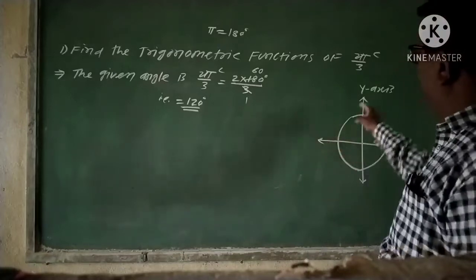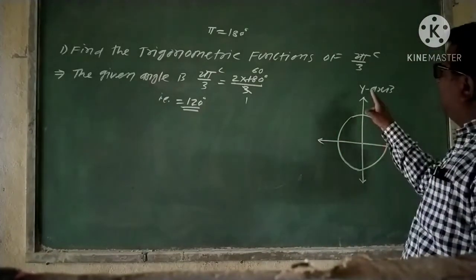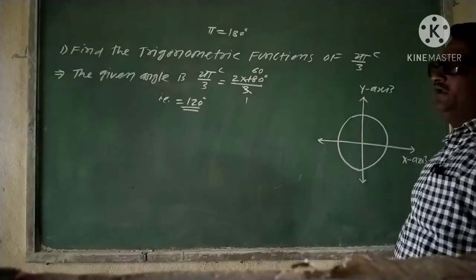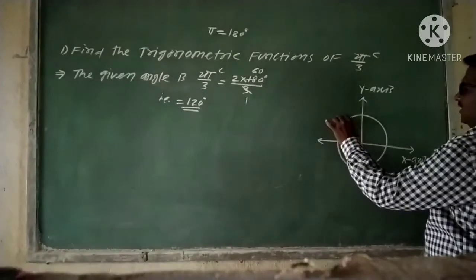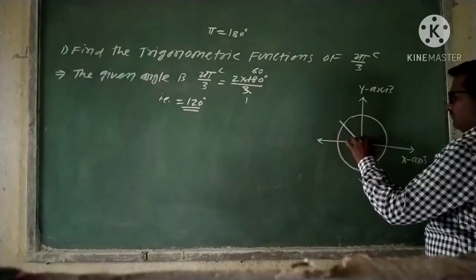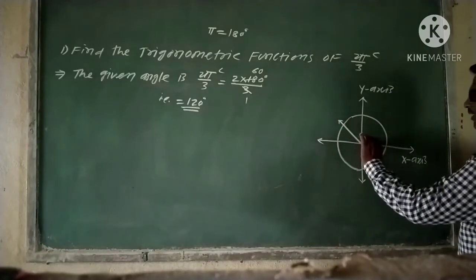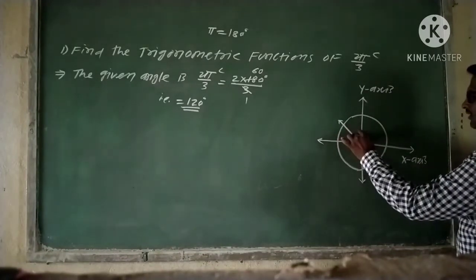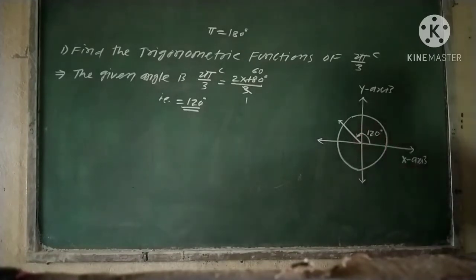We know that in the second quadrant, the angle has a value between 90 degrees and 180 degrees, so 120 degrees lies in the second quadrant. Consider that we have to draw this angle of measure 120 degrees.